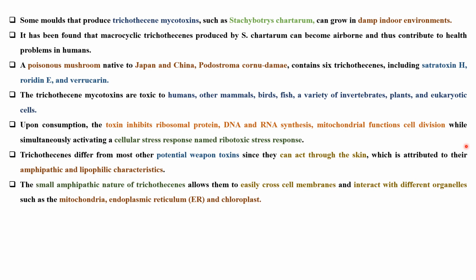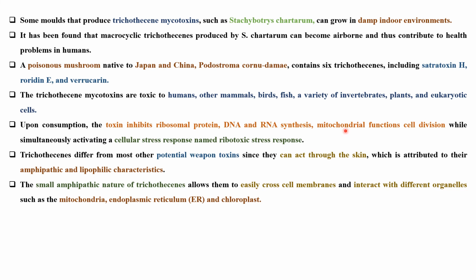Let's see. The small amphipathic nature of trichothecenes allows them to easily cross the cell membrane. So we have a phospholipid bilayer, each cell layer, okay, and interact with different organelles. What are those organelles? Mitochondria, endoplasmic reticulum, and chloroplast. This is in the case of plants. And mitochondria, which is the powerhouse of the cell.